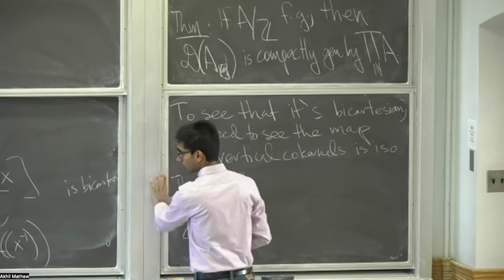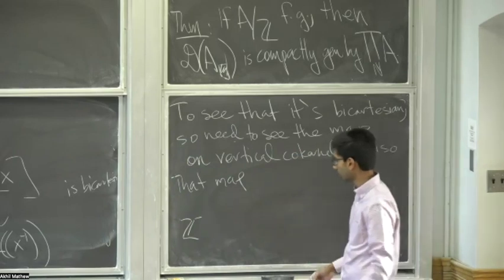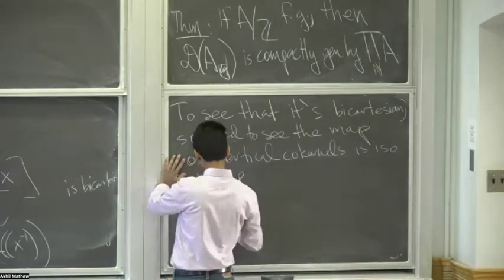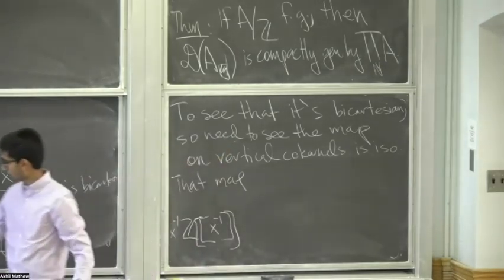Well, so again, we just have to consider it in solid abelian groups, and it's the map Z double brackets X inverse. Well, X inverse, so it's going to be all power series.